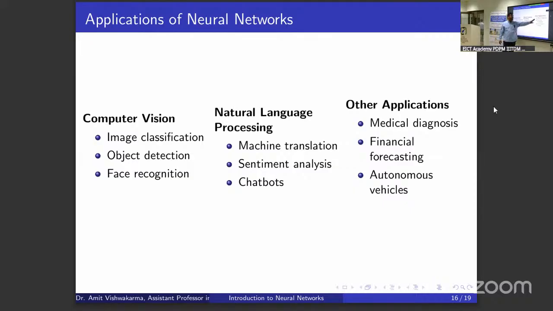Other applications include medical diagnosis, financial forecasting, autonomous vehicles, agriculture, and drones. So they are very popular.